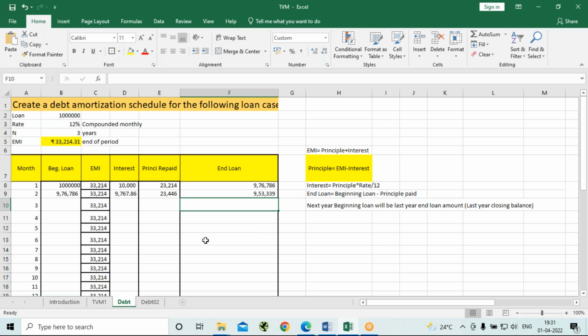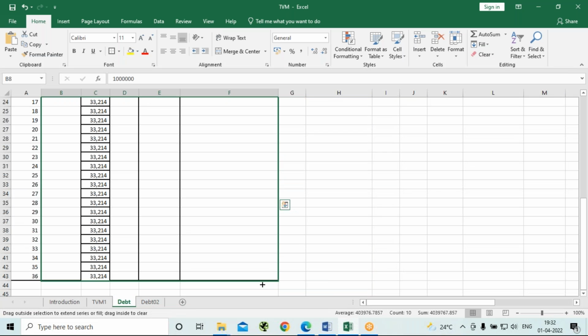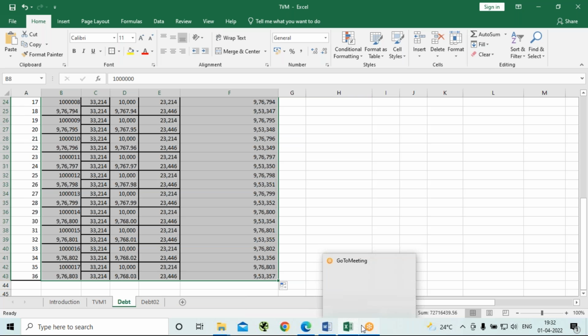So always do the first and second year manually, and then select these cells and drag them for the other months, and come to the end of the tenure and check whether it is calculating the right value or not. Okay, so let me check it out.